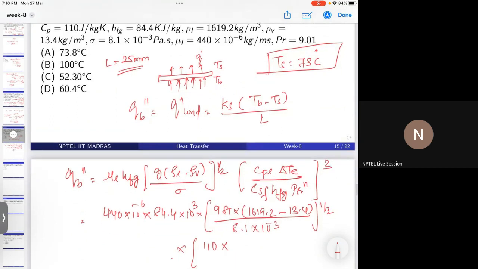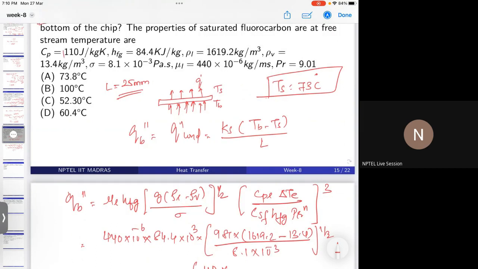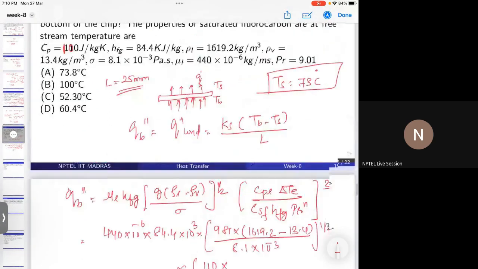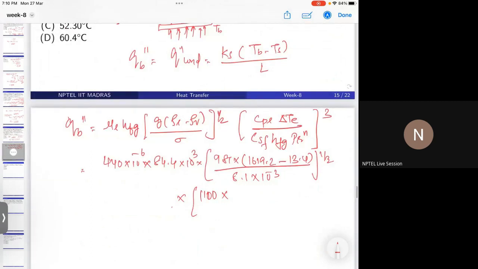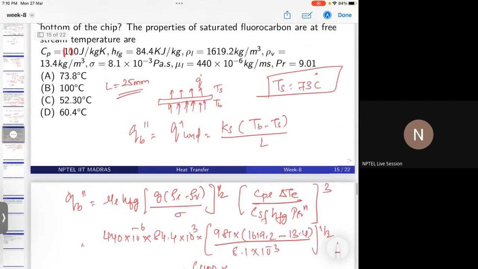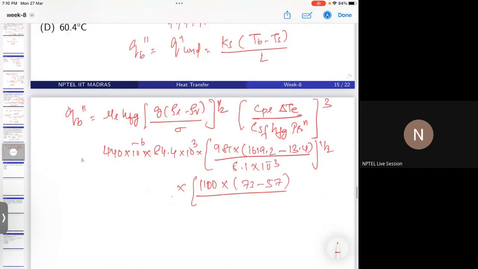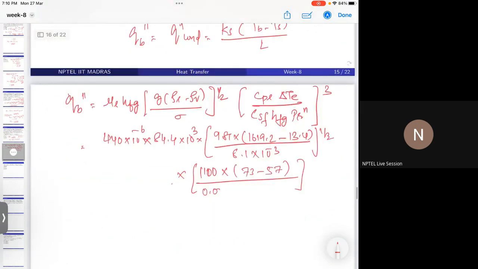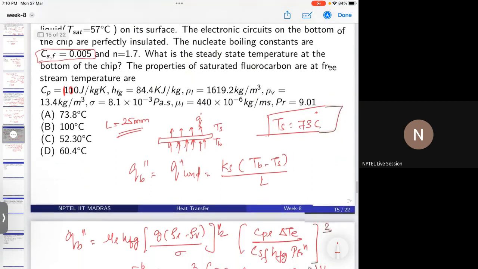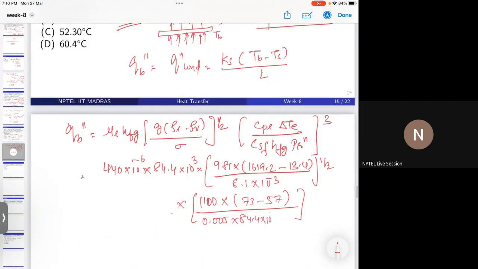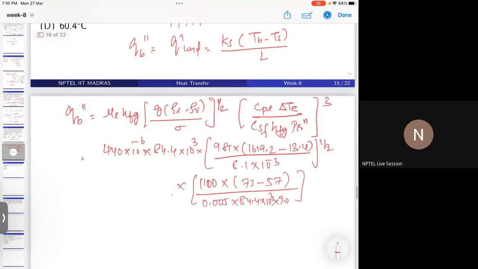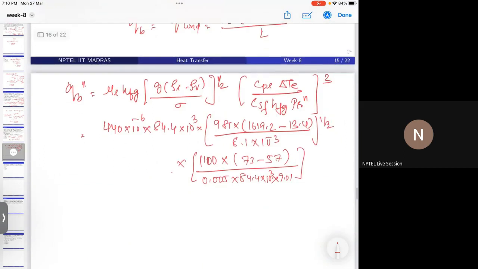Into 73 minus 57, divided by CSF 0.005, HFG 84.4, Prandtl number 9.01, the whole raised to 1.7.